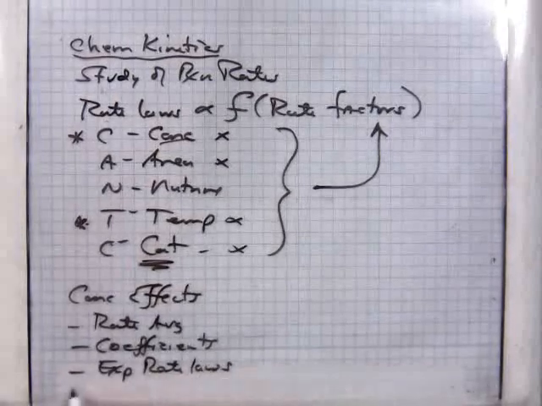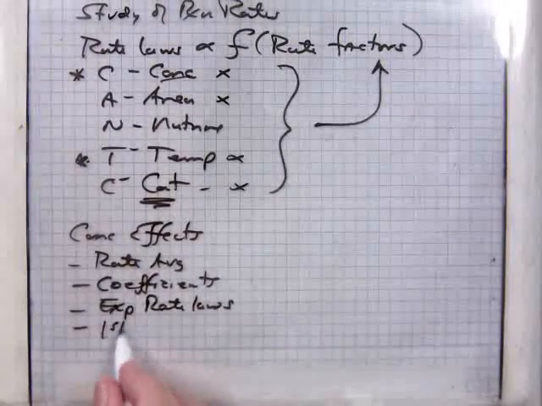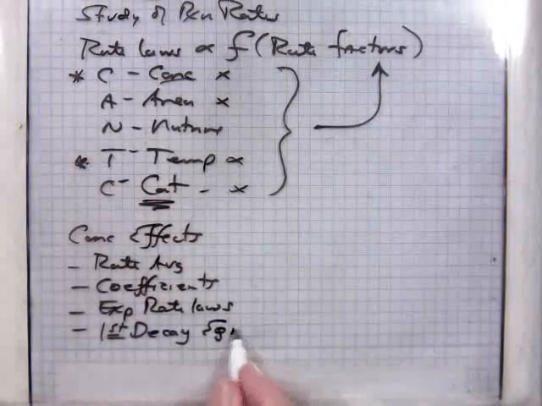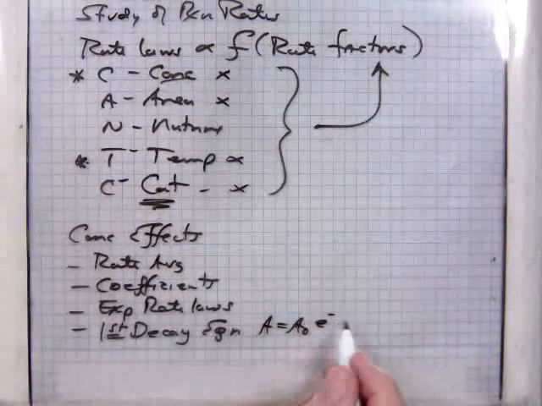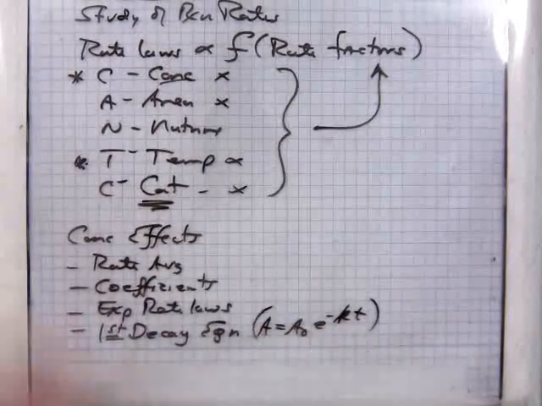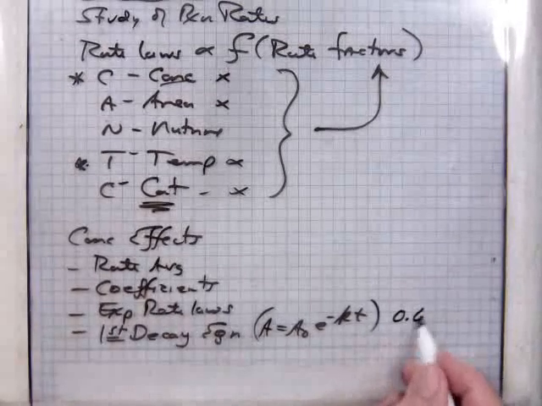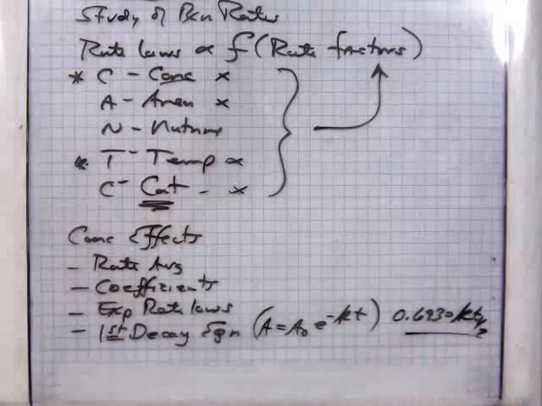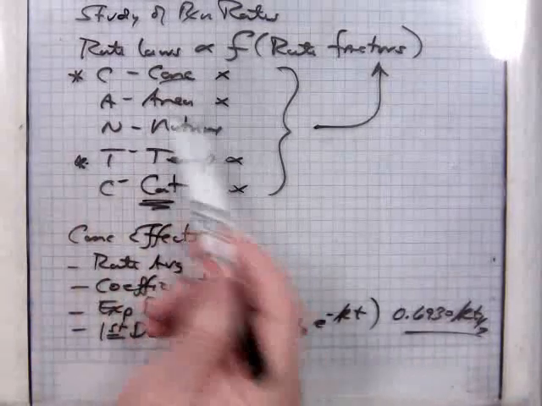I derived the integrated rate laws, but we'll just use the first order decay equation. And don't forget the half-life, or 0.693 equals k t to the 1/2. So those two need to be understood and used as we go along. We only mentioned these two.